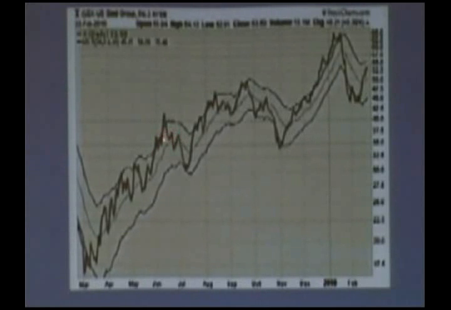So the idea is when it's near the upper band, you want to sell an in the money call. It gives you more protection, because the odds are the stock's going down. And if it's near the lower band, here and here, then you want to sell out of the money, because the odds are it's going to rally from there, and the out of the money would be more profitable.